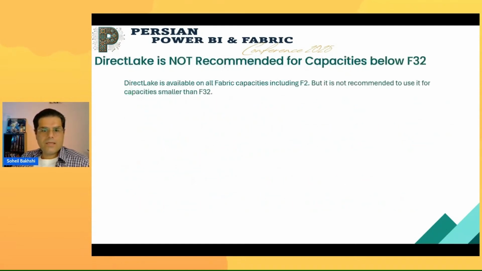And up next is that DirectLake is not recommended, as I mentioned earlier, for capacities below F32 capacity. It's an interesting concept because DirectLake is actually available on all capacities, including an F2 capacity.